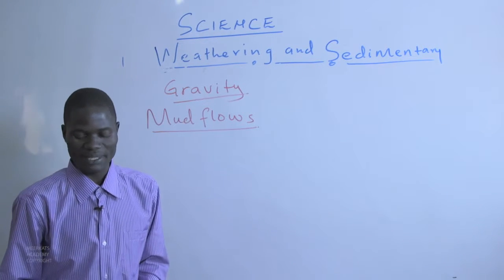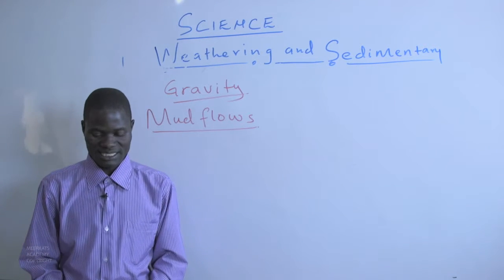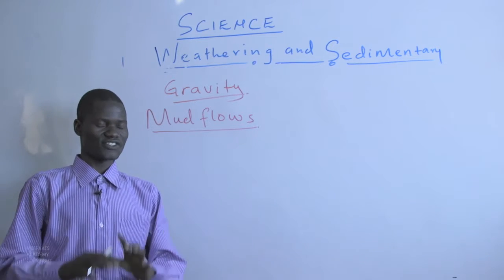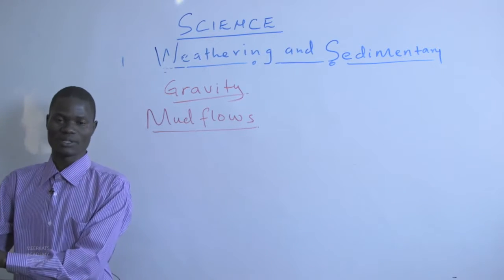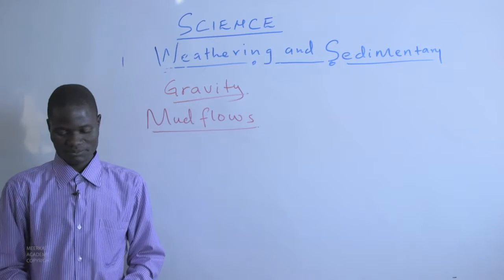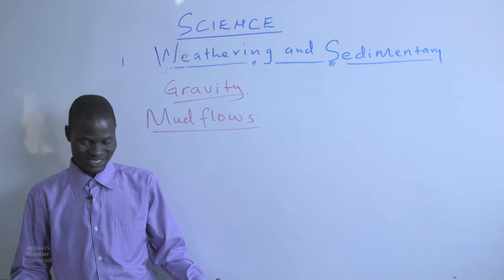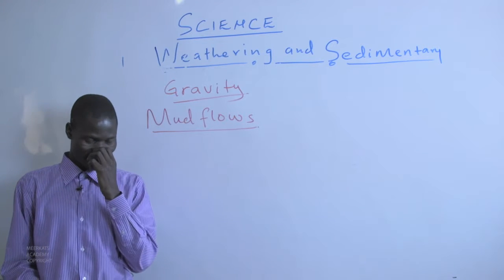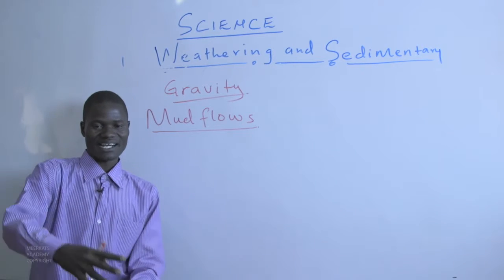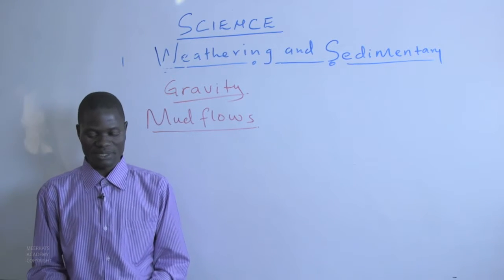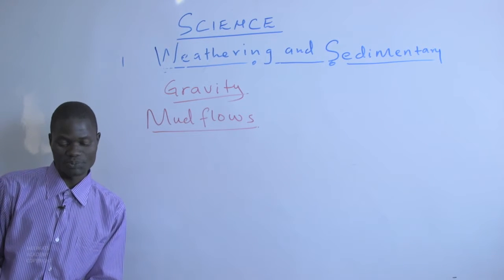Mud flows happen in mountainous places, especially in desert regions where there has been a dry season, and then abruptly it is followed by heavy rainfall. What happens? During the dry spell, there are loose and unconsolidated materials found in the desert environment, such as sand, fragments of pebbles, and other debris.